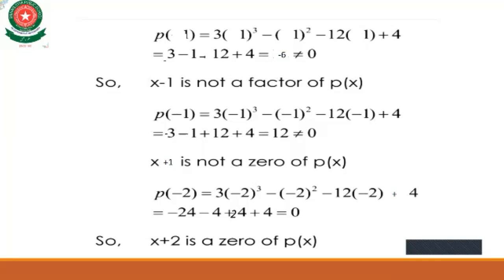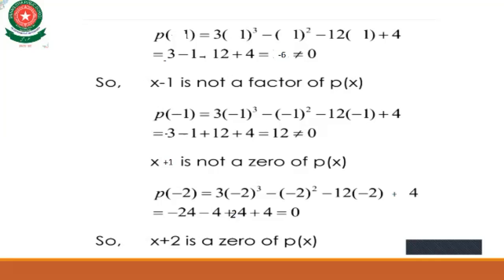Let's check for P of minus 1. When the value of x is equal to minus 1, then what will be the answer? P of minus 1 is equal to 3 into minus 1 cube minus minus 1 square minus 12 into minus 1 plus 4. Minus 1 cube is minus 1, so that will be equal to minus 3.